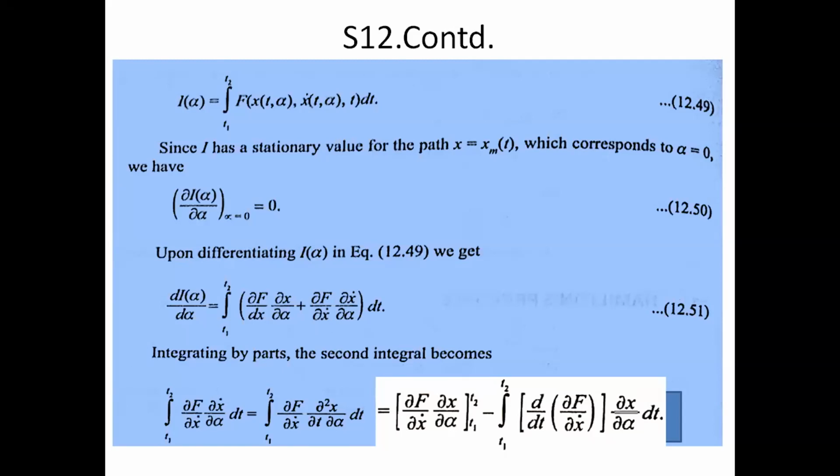So n(t) is any sort of function, but since the lower and upper limits are t1 and t2, the function n(t) needs to vanish at t1 and t2 in order that all paths pass through points A1 and A2 of the figure given in slide S11.